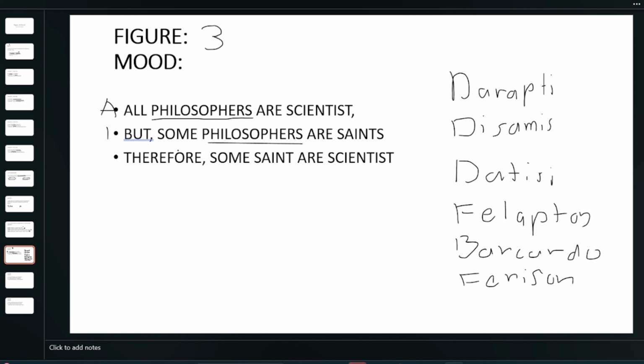This is I, and this is I. I forgot to mention that these are codes, so you have to look at the vowels in them, like A and A. In this case, we are looking at AII, which is Datisi. Therefore, the mood is Datisi.